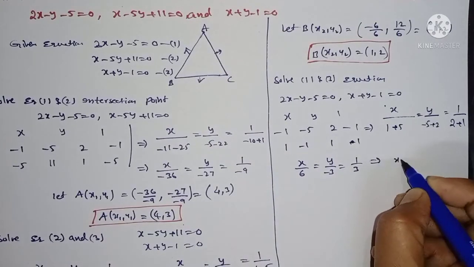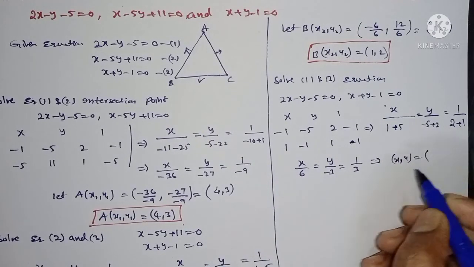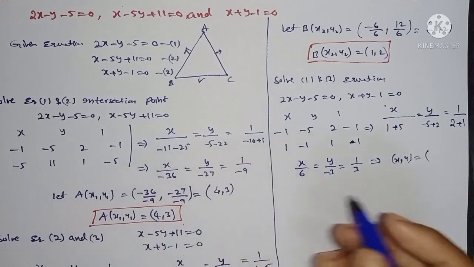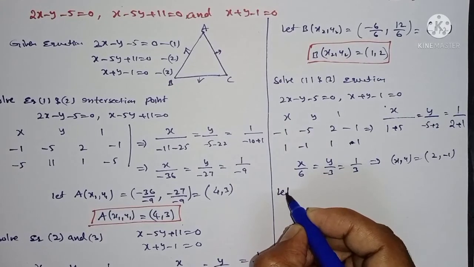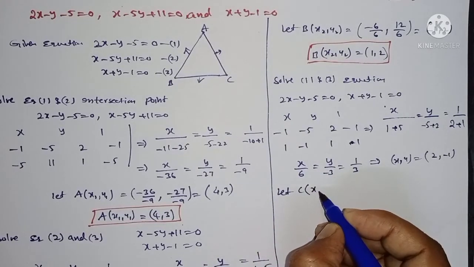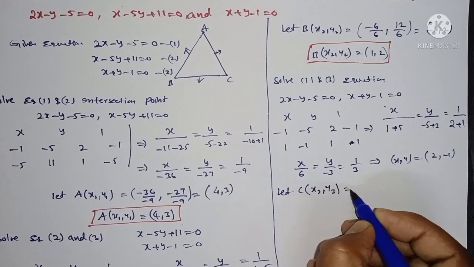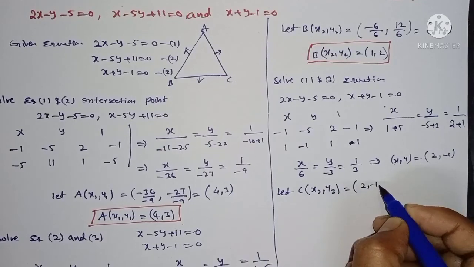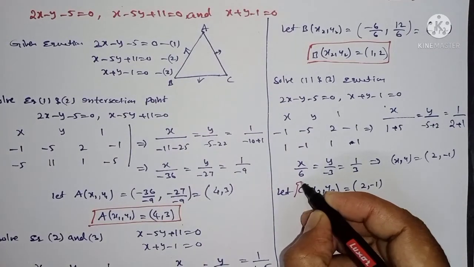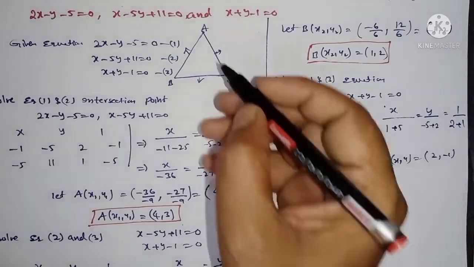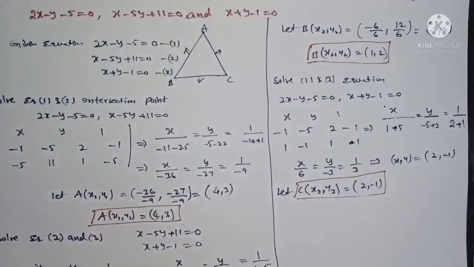Therefore x comma y is equal to what you got here? 2 comma minus 1. Let C of x3 comma y3 is equal to 2 comma minus 1. This is the third vertex. You got here 3 vertices. A, B value and C value you got here.